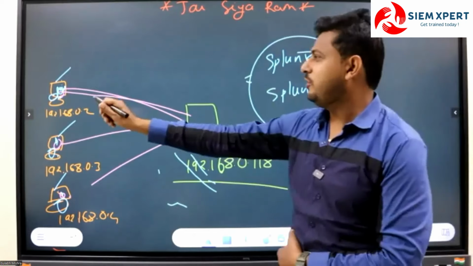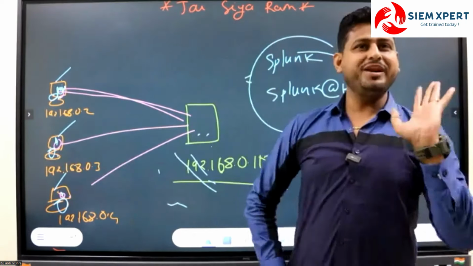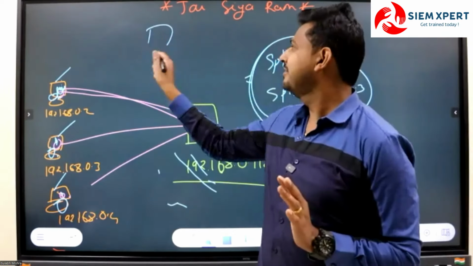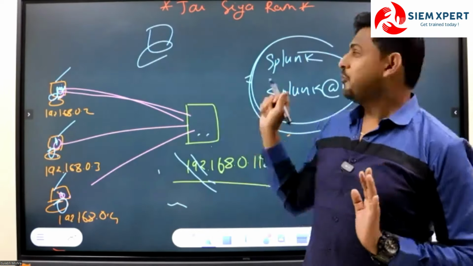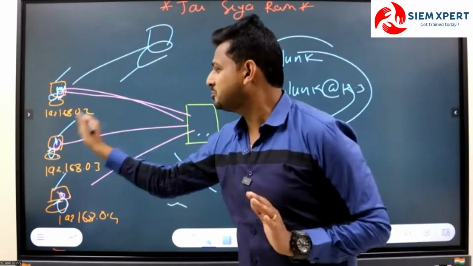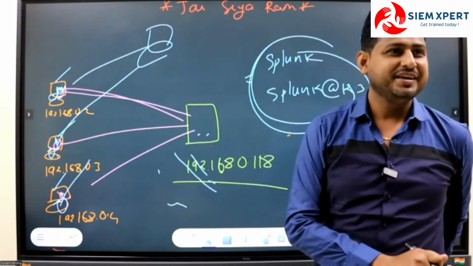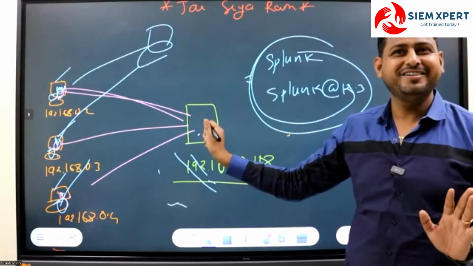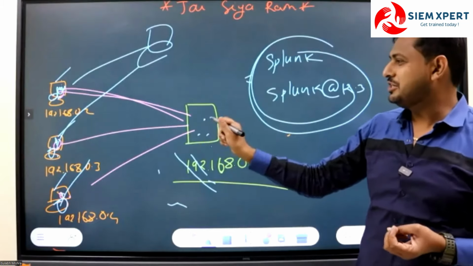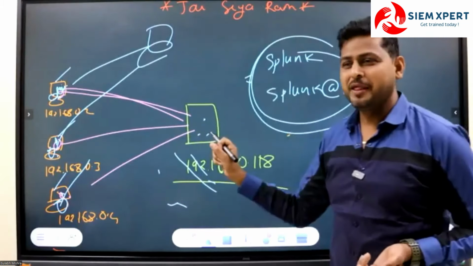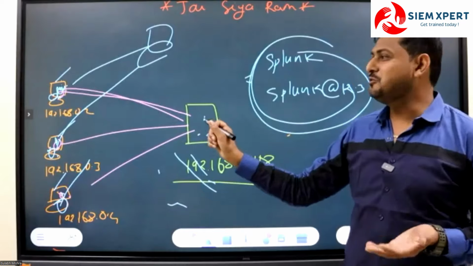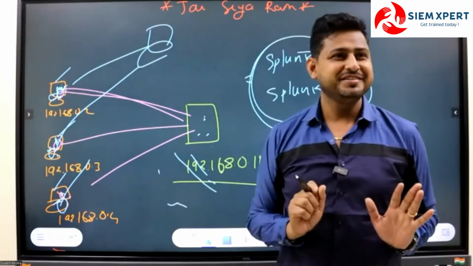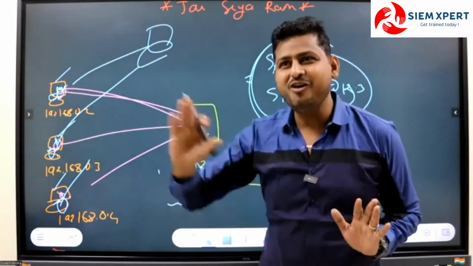So instead of creating local accounts, we can create one domain account on the domain controller, and as per the domain controller, we have given this account access to all Windows machines. And this account we can configure on Splunk. Instead of configuring different accounts, we configure this one account, and it has access to this one, this one, this one, all 100 machines.